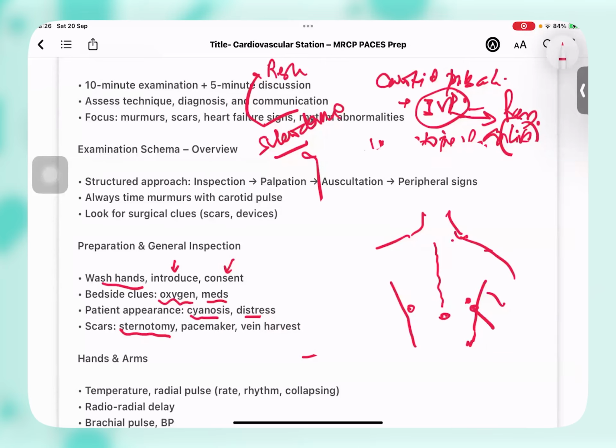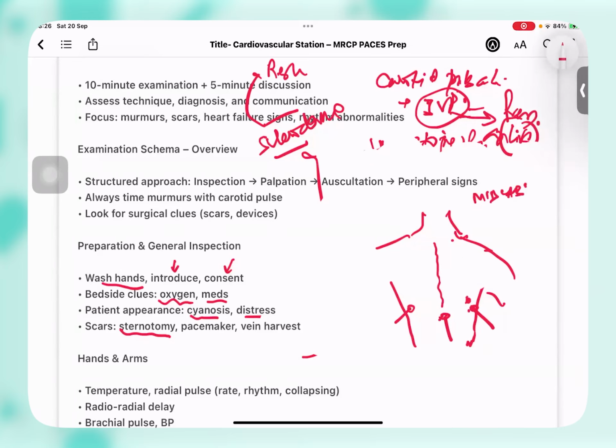So left side chest tube, central pericardial chest tube, and the right sided rarely, but these are the main ones. And sometimes you see a mid-cap scar. Mid-cap scar is minimally invasive CABG. So that is done only for LIMA to LAD. So there is not a midline, but a left-sided horizontal scar. So that is what you see.